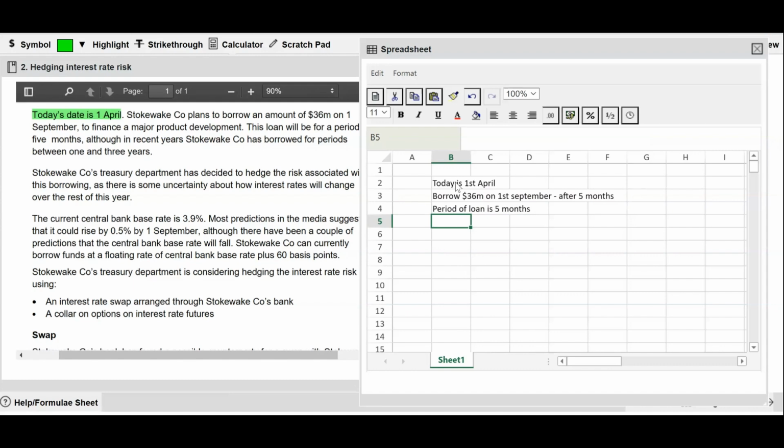The question further states that the bank base rate, the current base rate, how much is it? It is given as 3.9 percent, and suggests that there is a small prediction that it could rise by 0.5 percent by, what is it, 1st September.